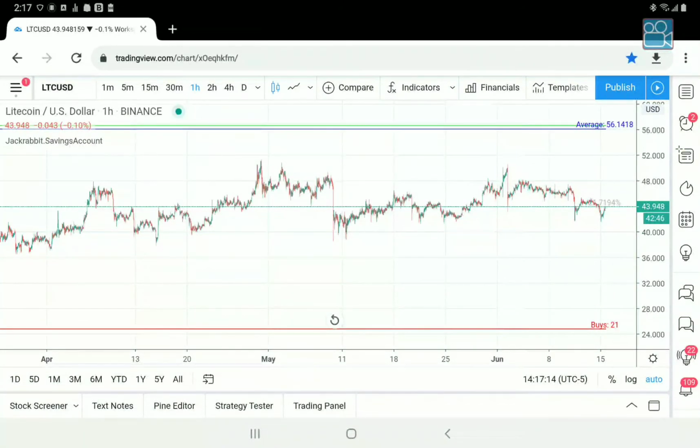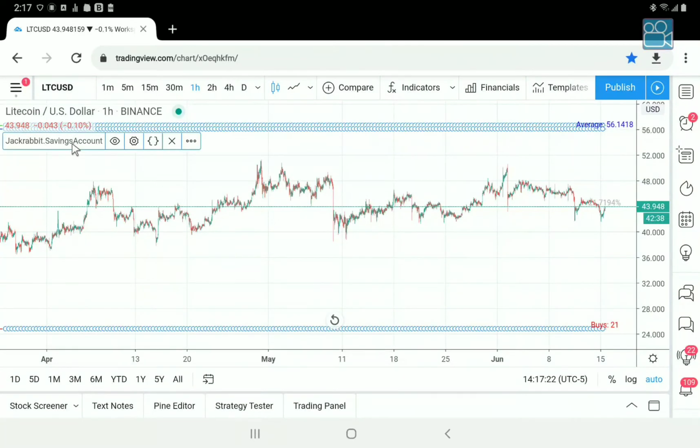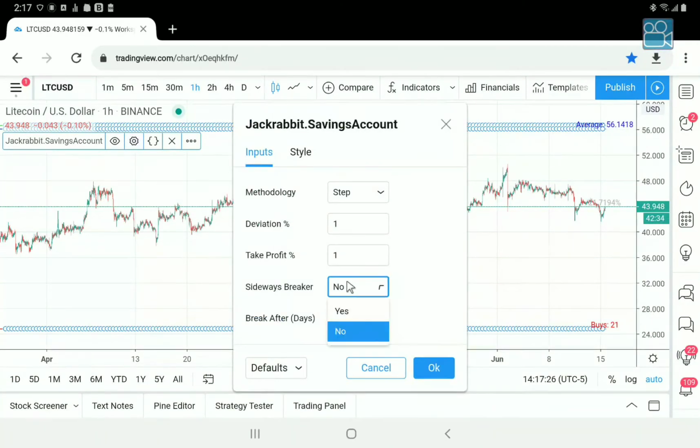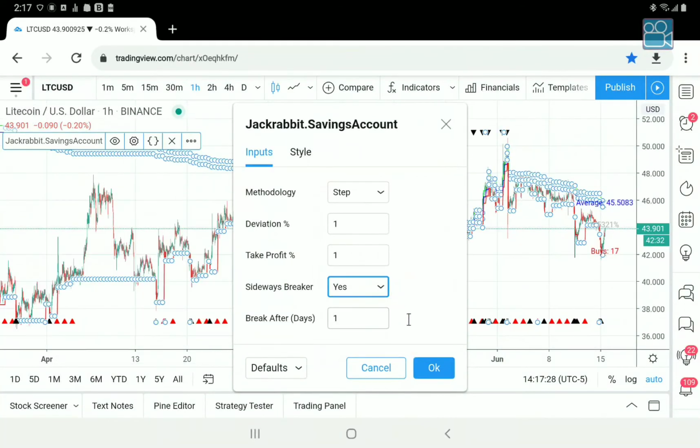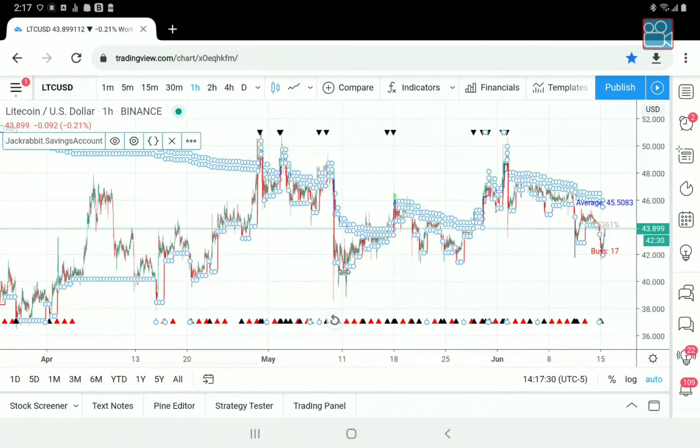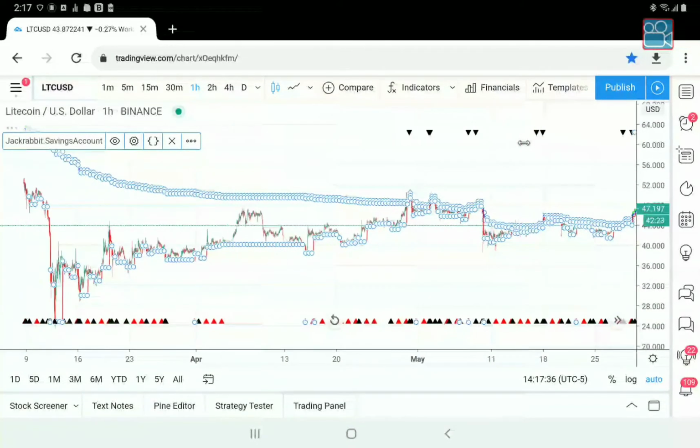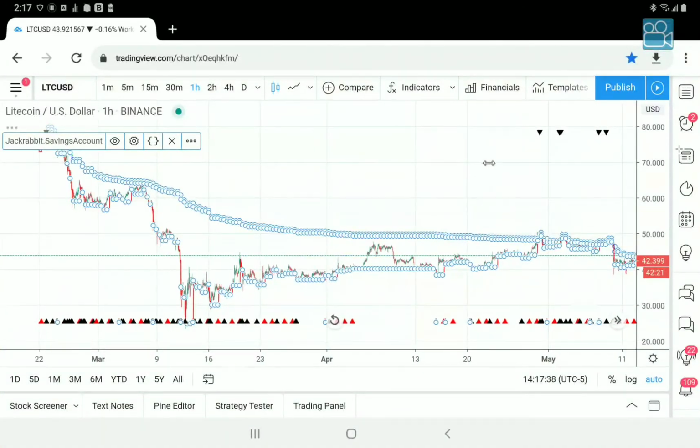LTC to date is still stuck in this channel. And that's going to be a hard coin to work with. If you trade this coin, you will have to use the sideways breaker. There's just no way around it. But as you can see, it does produce results, but getting it out of this rut really took some work.